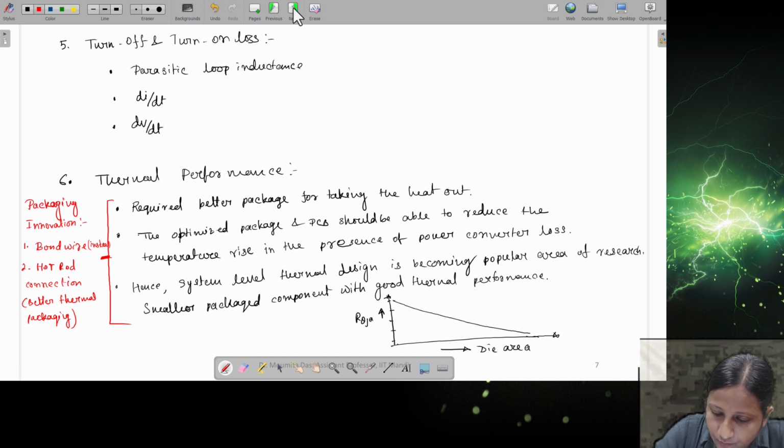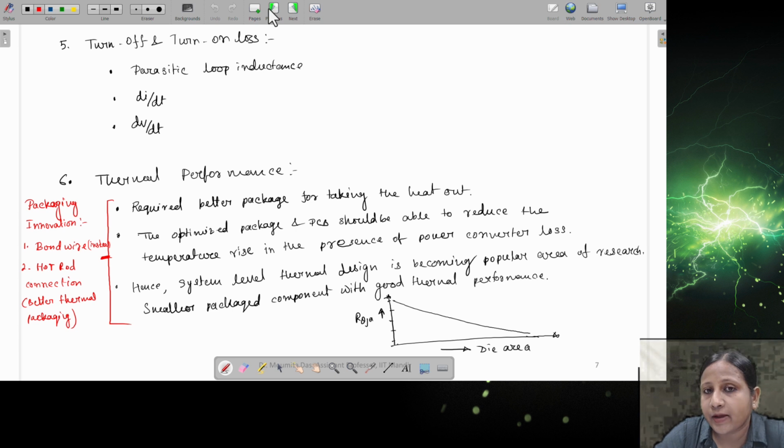Right. Now all these things, along with advanced circuit topologies, are the solutions. That is fine. We can choose different devices. We can reduce package related problems by selecting proper packaging.